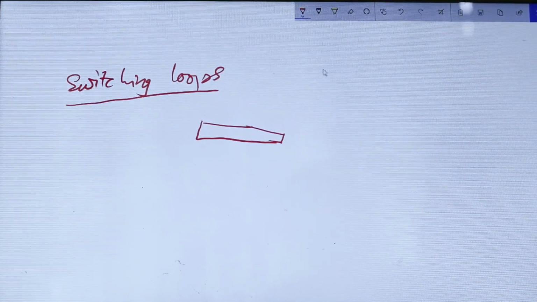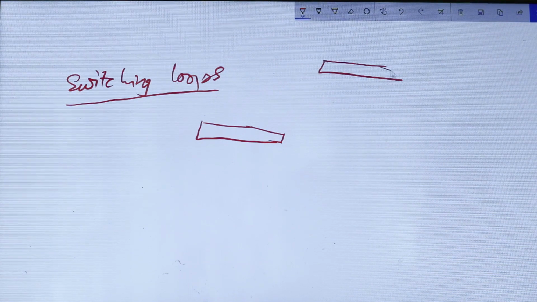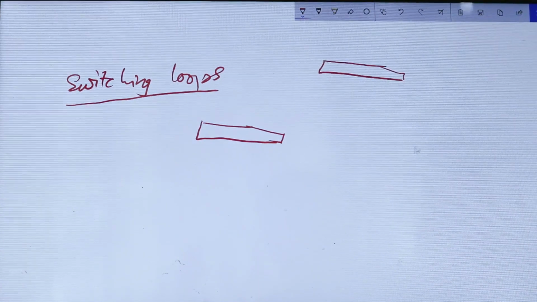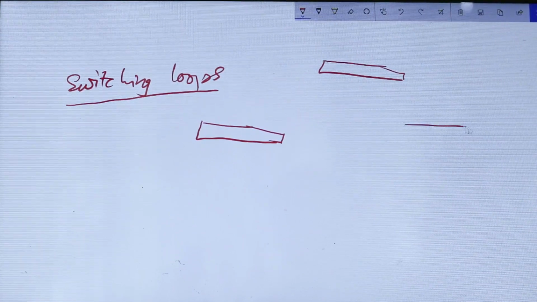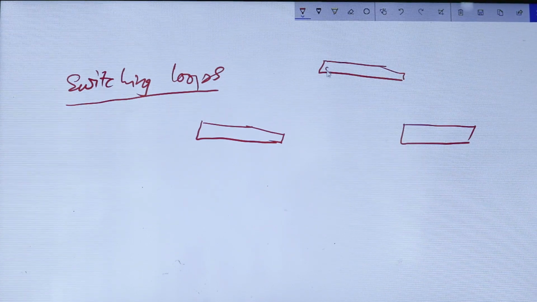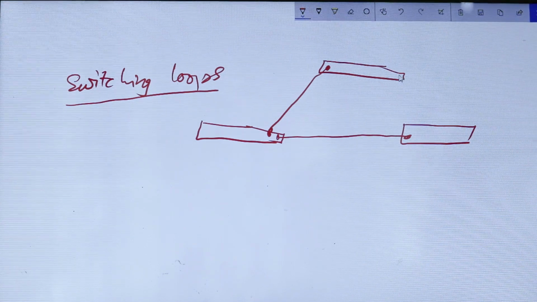Let's put a switch here, another here, and another here. Let's connect them this way. So you see there's redundancy, full redundancy.